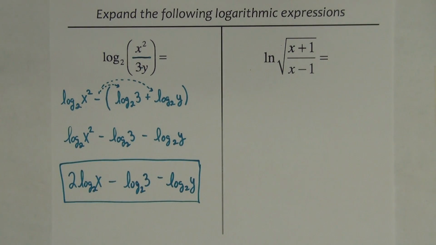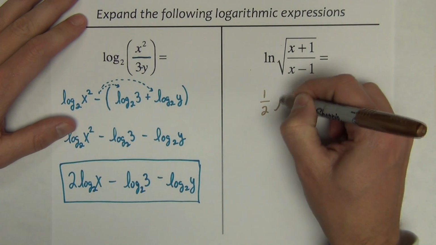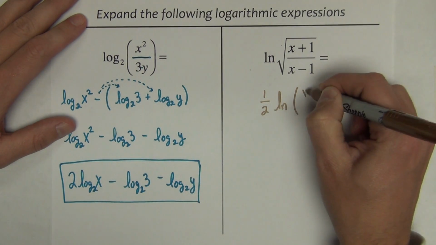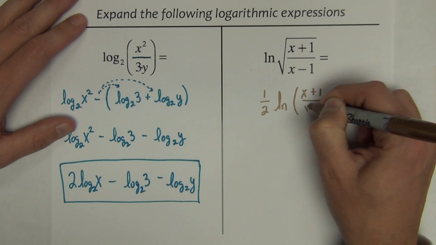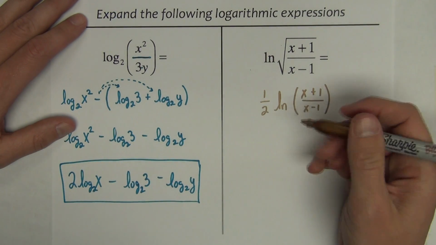Okay. Second one does have a power to move. It's a big square root, and that big square root is a big 1/2 power, so I'm going to move that first. It's half natural log of x plus 1 over x minus 1. Okay, so what do I have? I've got half.